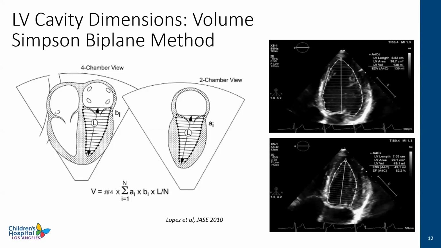And there are limitations, again, to this, because you want to make sure you have a good view. You want to make sure that you're not foreshortened. And then this is not always going to be accurate if you do have valvular insufficiency, like mitral insufficiency or aortic insufficiency.